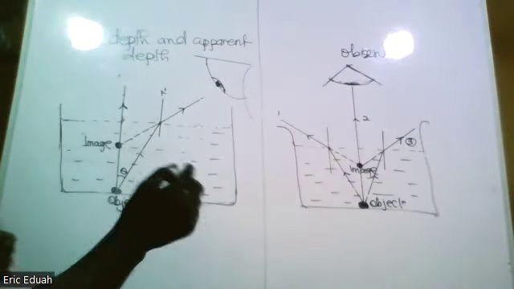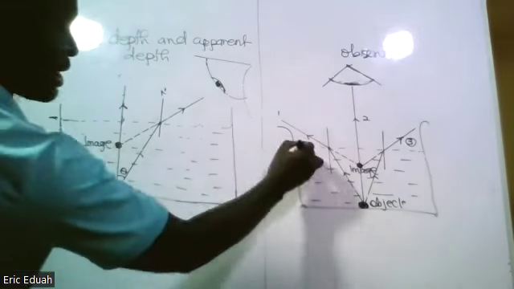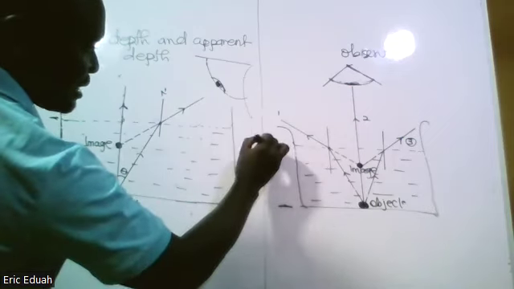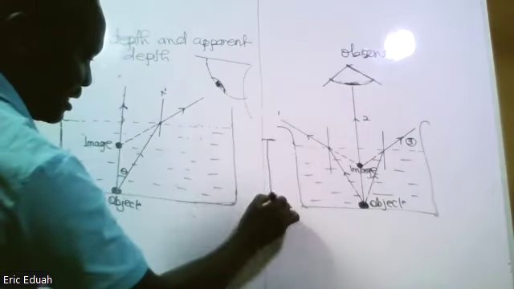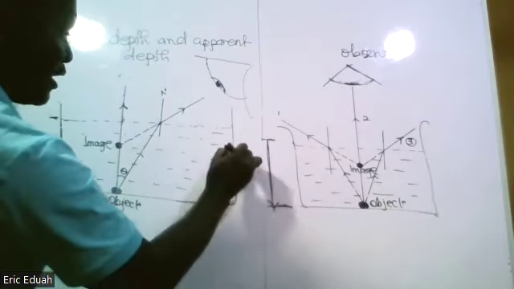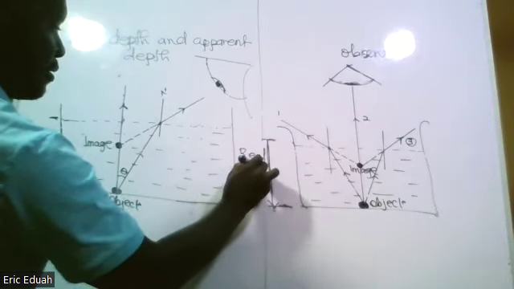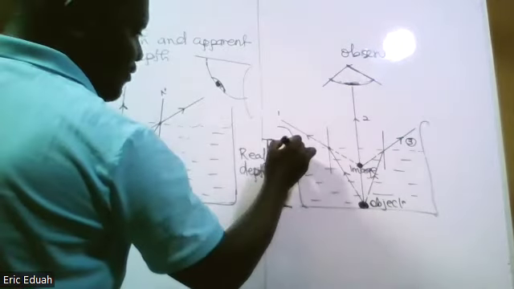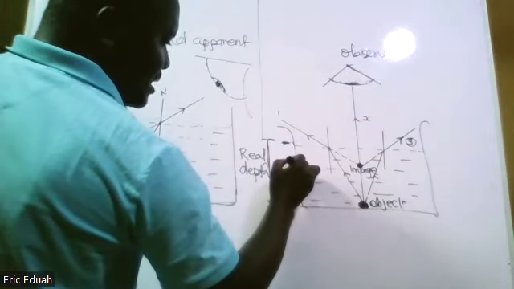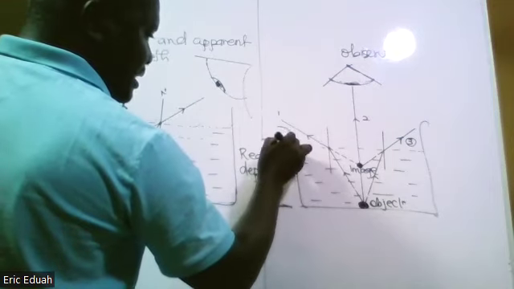Under this concept, the distance from the surface of the water to the real position of the object is the real depth. From the surface of the water to the apparent position of the object, or now the image, is the apparent depth.